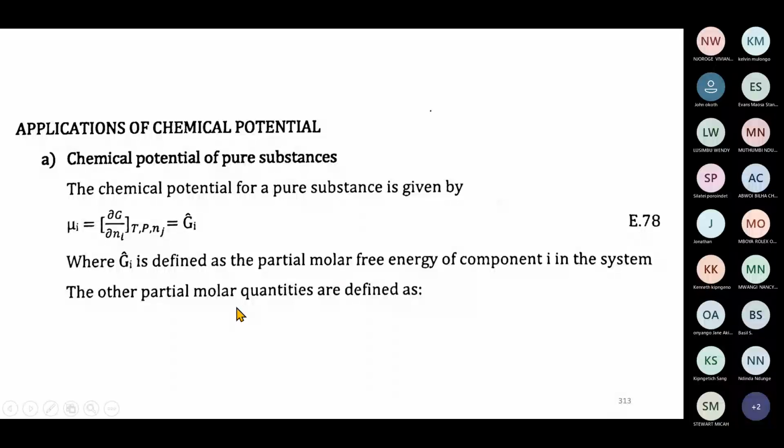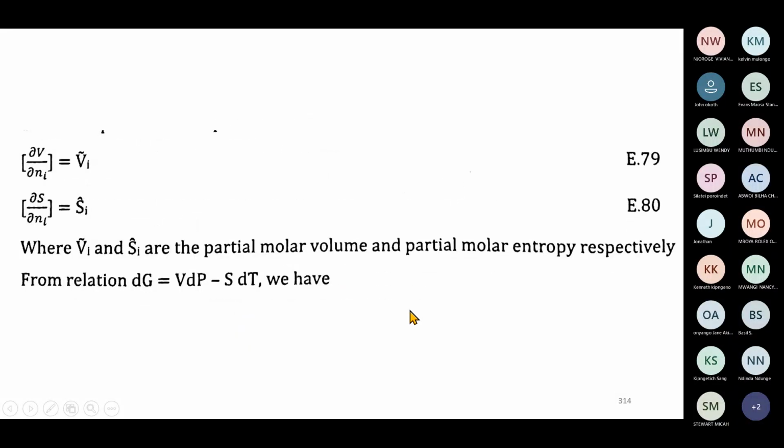The other partial molar quantities are going to be defined as follows.